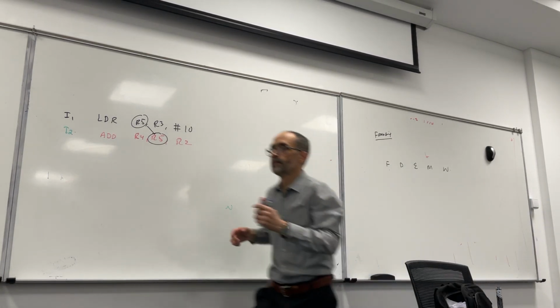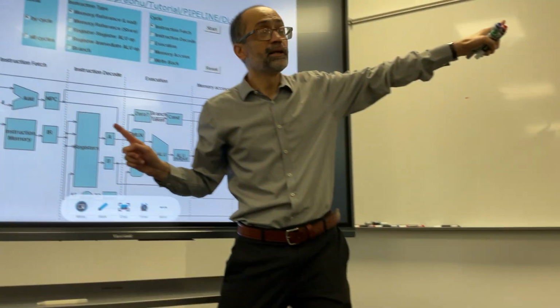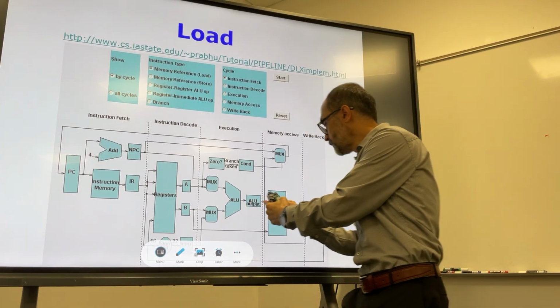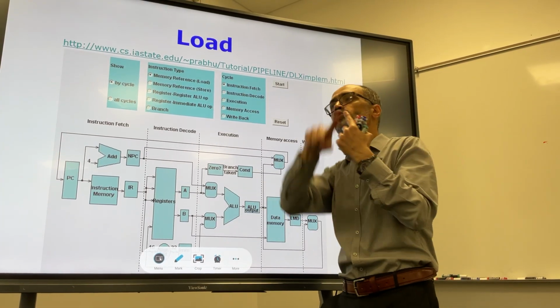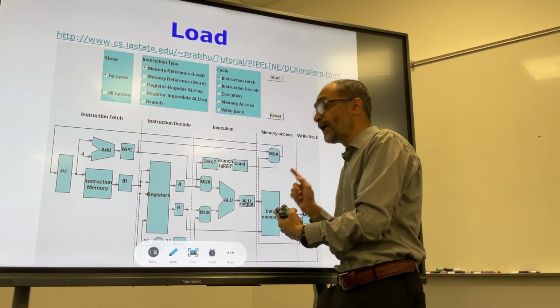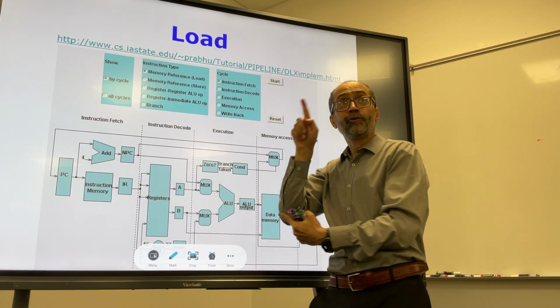Please remember, we are calculating the effective address. What do we get? R3 plus 10, then we have ALU out 1. This ALU out 1 will go to MAR. And the value of R5 will be available in which clock cycle? Clock cycle 4, which is the memory stage.